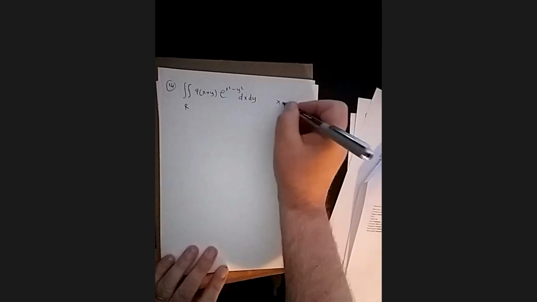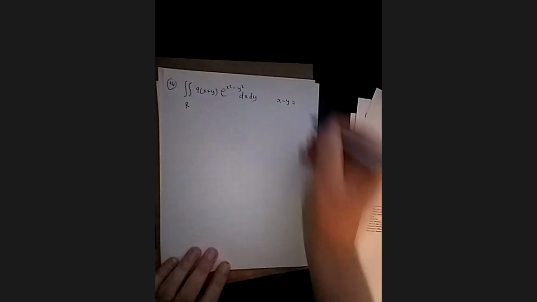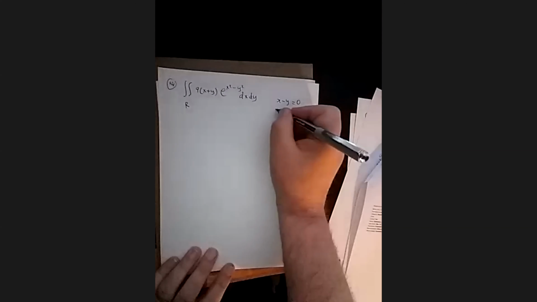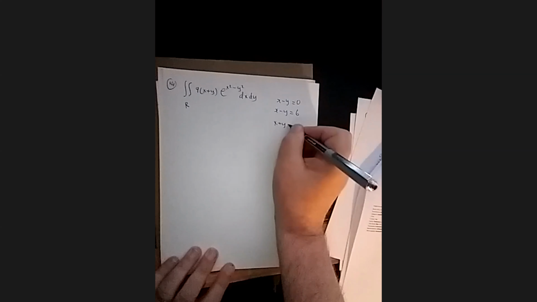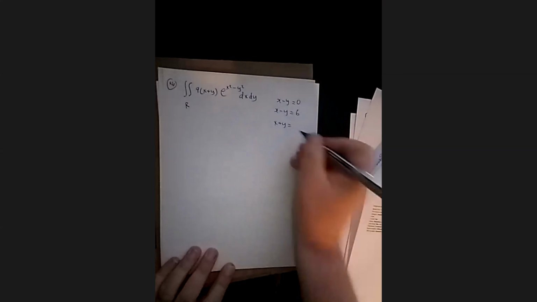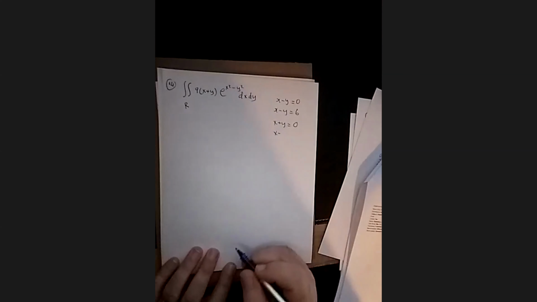And they have given you the range: x minus y equals 0, x minus y equals 6, x plus y equals 0, and x plus y equals 9.